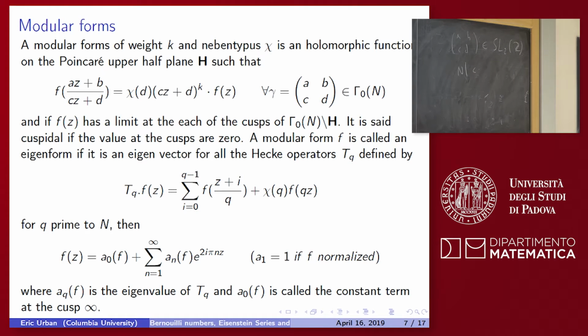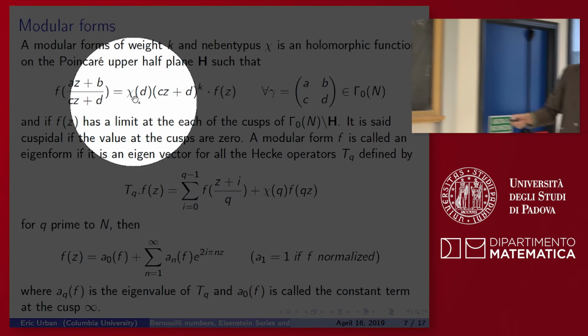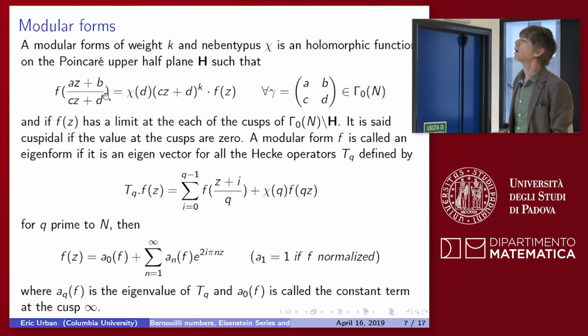And that forces a and d to be prime to N. So that is why it makes sense to write χ(d) here.